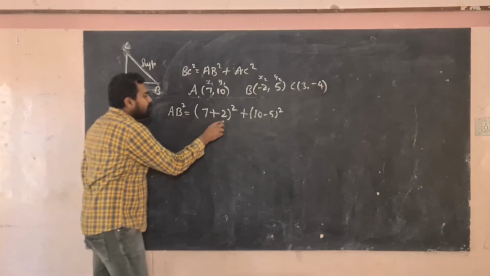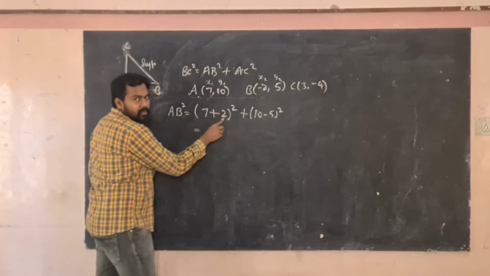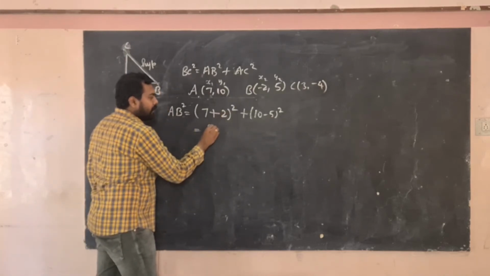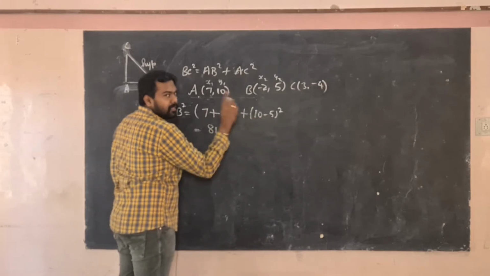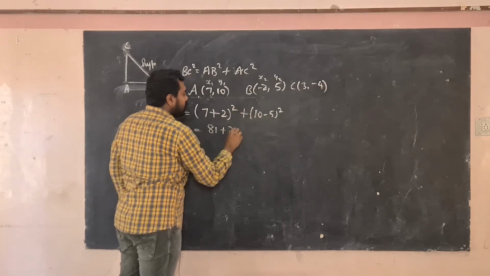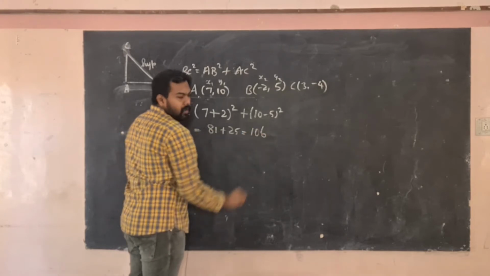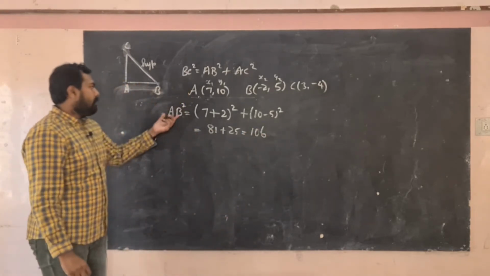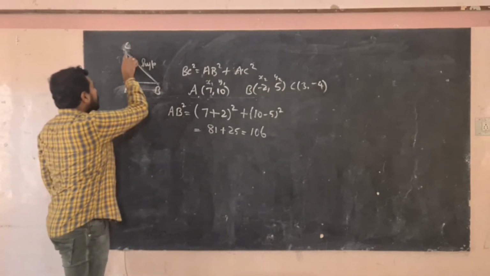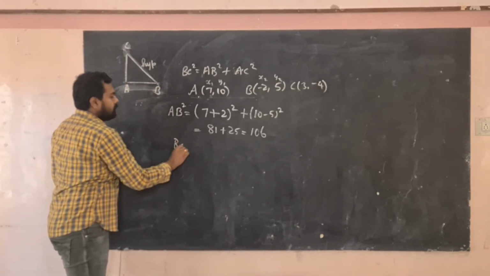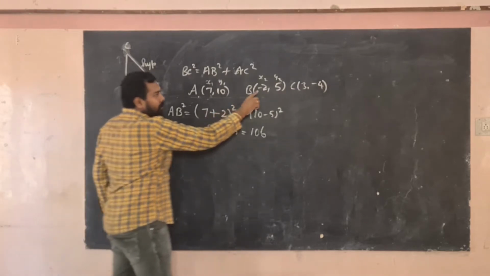So what is 7 plus 2? It is 9. 9 square is 81. Plus 10 minus 5 is 5. 5 square is 25. So it will become 106. Okay, AB square we have found. Next, BC square. How to find BC?